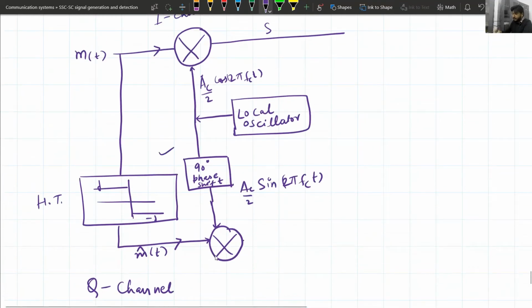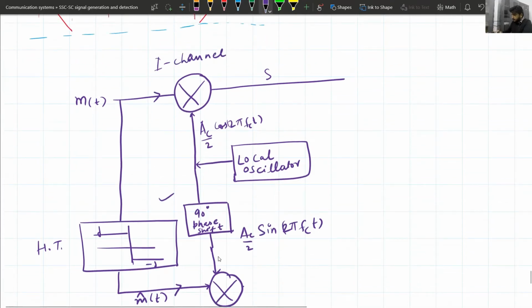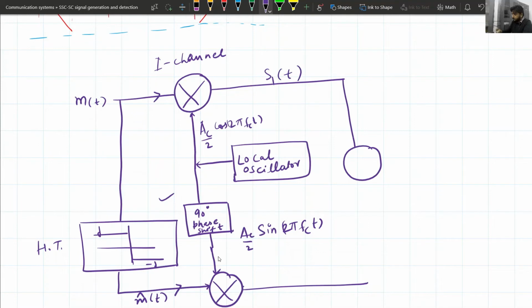Because we are applying a 90-degree phase shift, and then finally call this as S1T and call the Q channel as S2T.